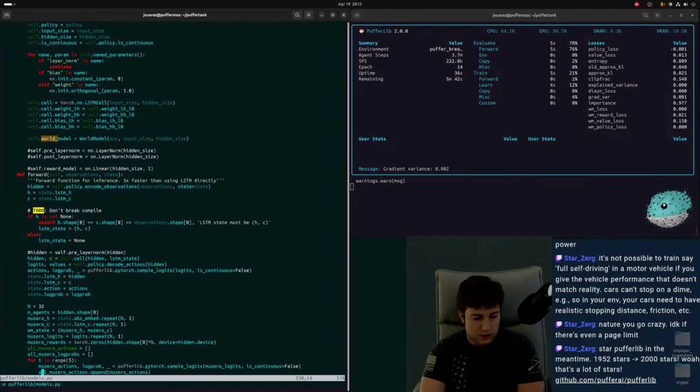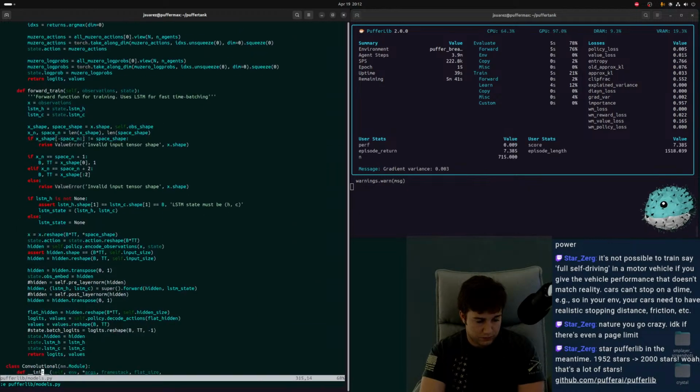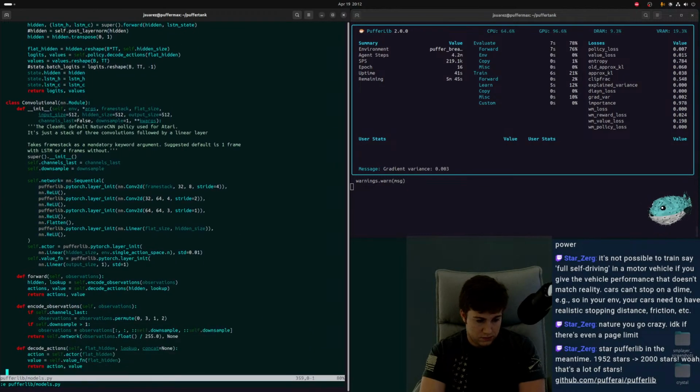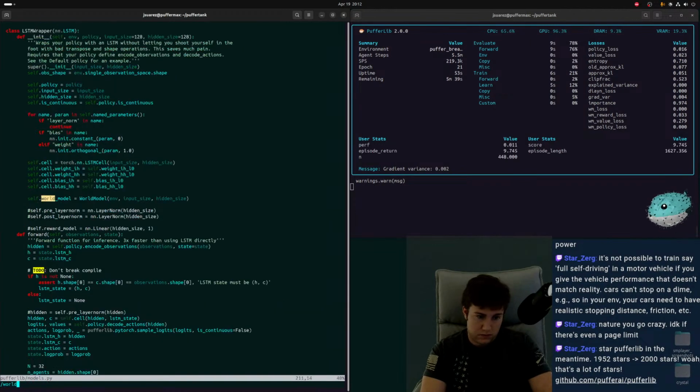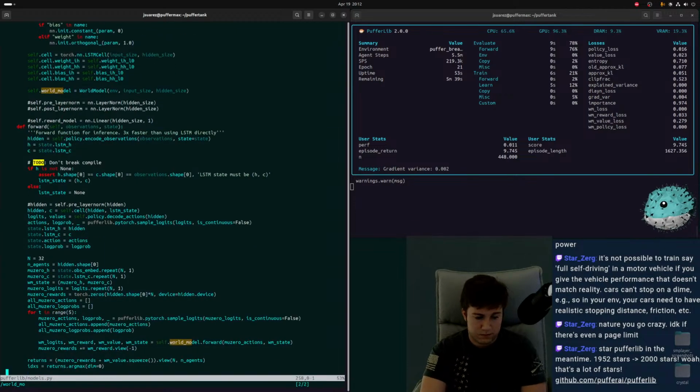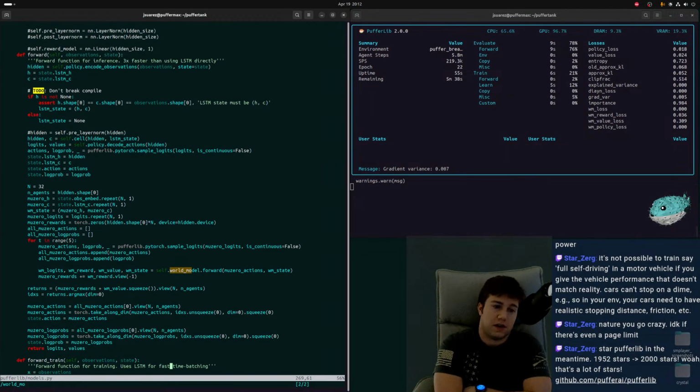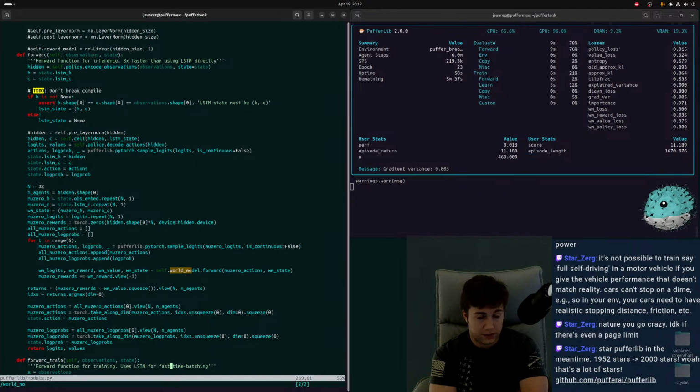Let's look at the call to the model first. That's 100% GPU, pretty much. So this is the actual logic of it.